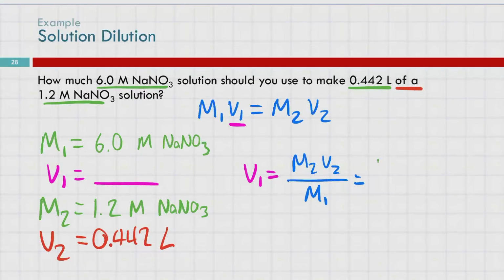So our M2, 1.2 molar, times our V2, 0.442 liters, divided by 6.0 molar.